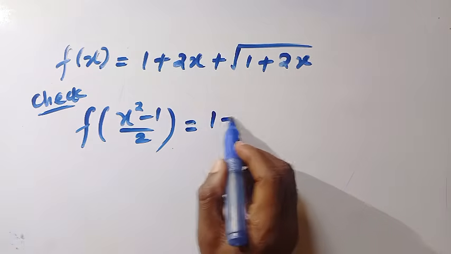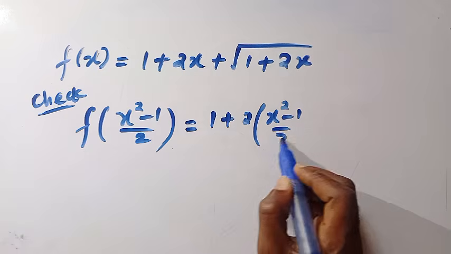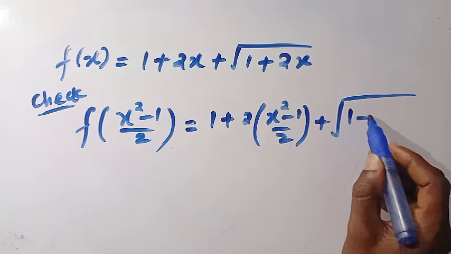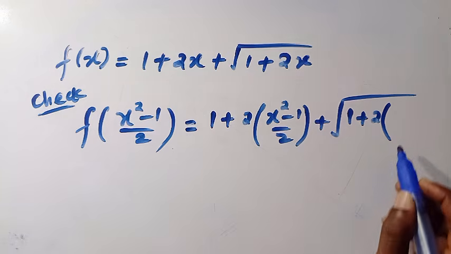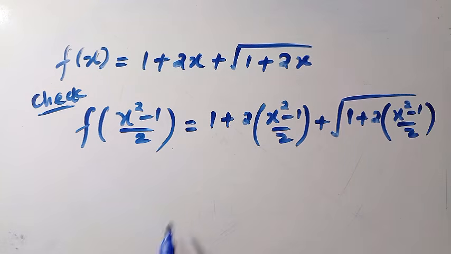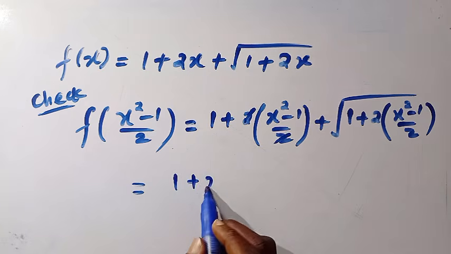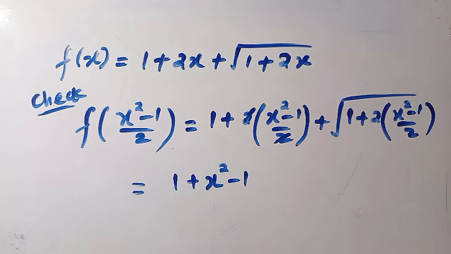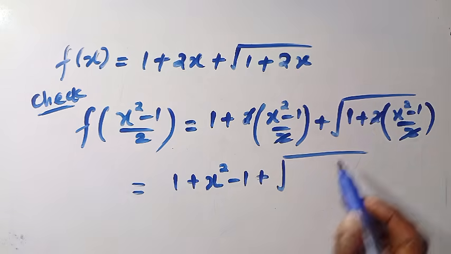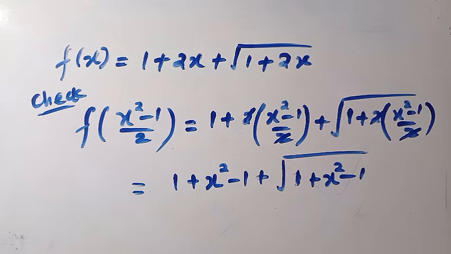So with this we have 1 plus 2 into bracket of (x squared minus 1)/2, then plus the square root of 1 plus 2 into bracket of (x squared minus 1)/2. So 2 cancels 2, and we have 1 plus x squared minus 1 plus the square root of, so 2 also cancels 2 here, and this gives us 1 plus x squared minus 1.